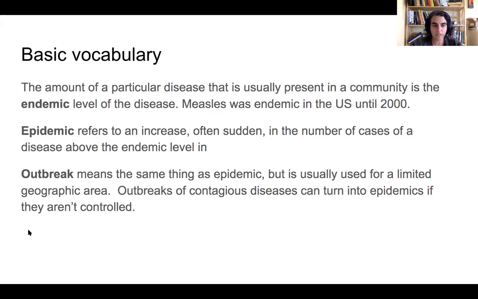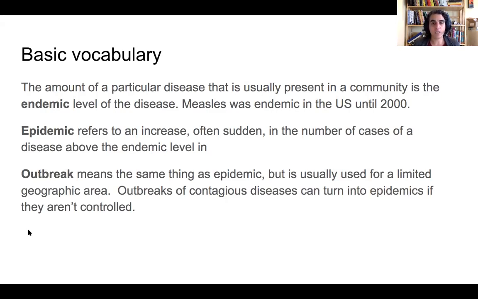Now, sometimes there are no cases of the disease, and we want to investigate anytime we see one. For example, measles. Measles was endemic in the United States until 2000, meaning that there were just cases of it bouncing around. It's a contagious disease, so when there are cases, they tend to spread to other people, and they would only investigate when cases of measles grew to more than they would expect.